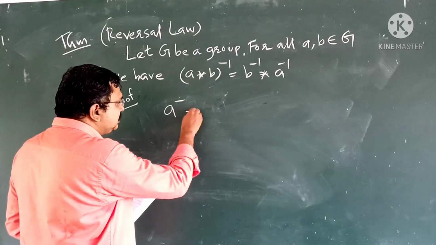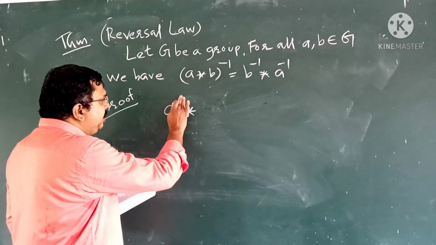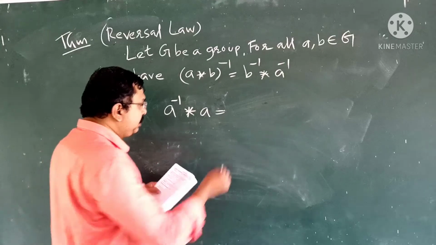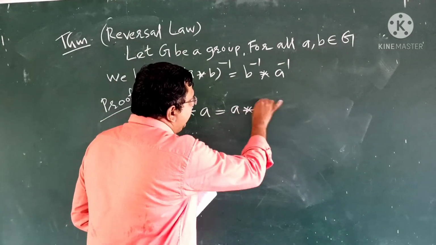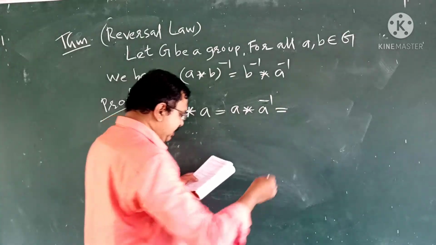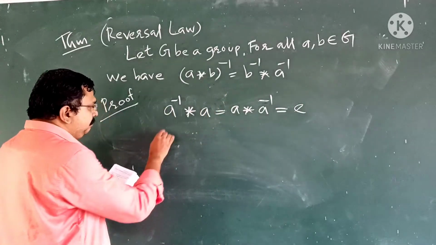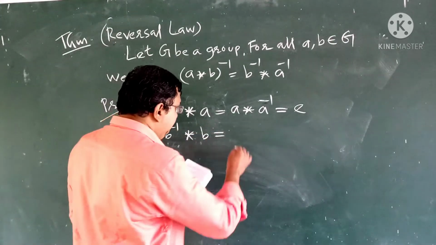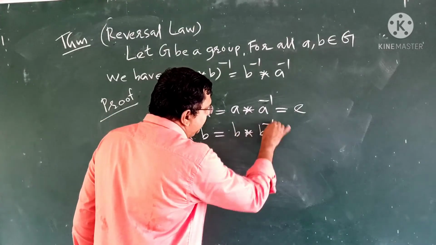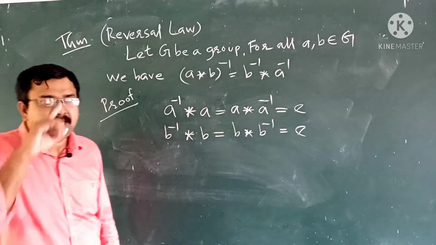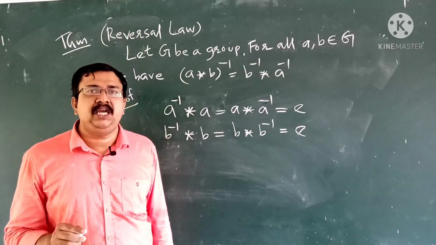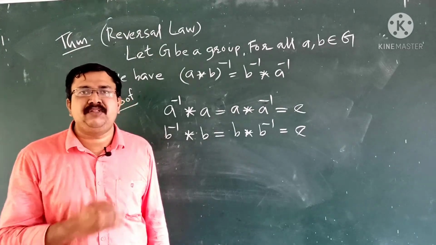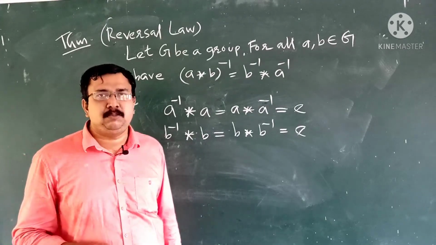A inverse star A equal to A star A inverse, that is equal to E, and B inverse star B equal to B star B inverse, that is also equal to E. Okay, suppose that A and B belong to G, then A inverse and B inverse are the inverses of A and B respectively.